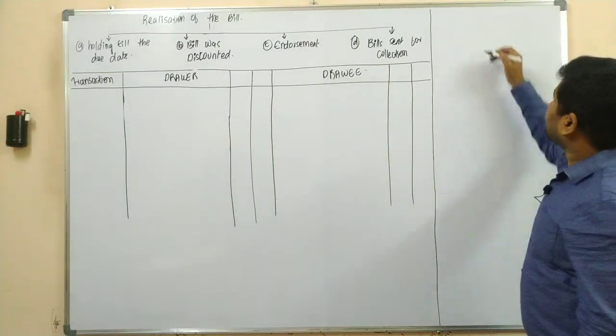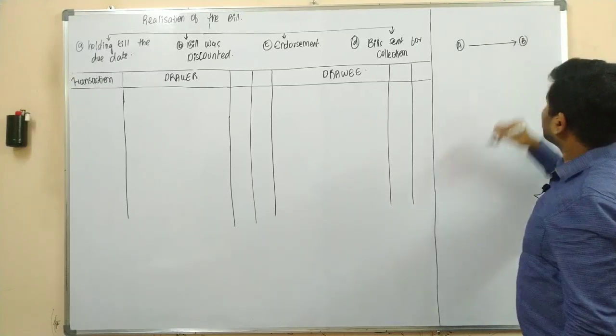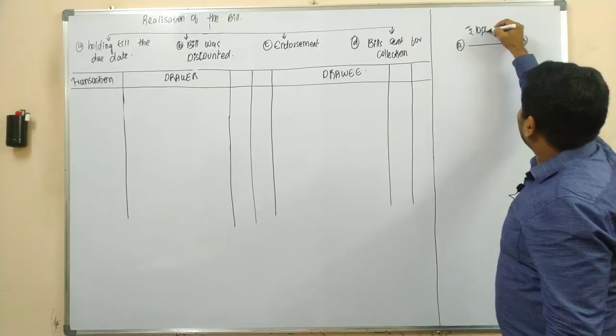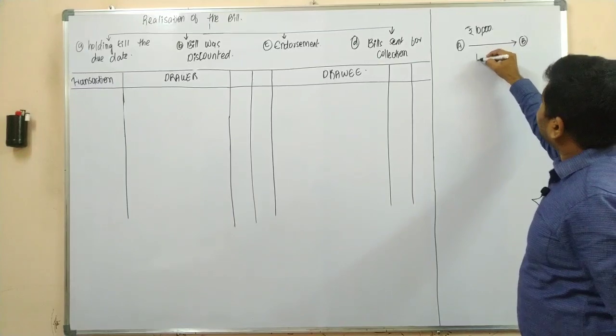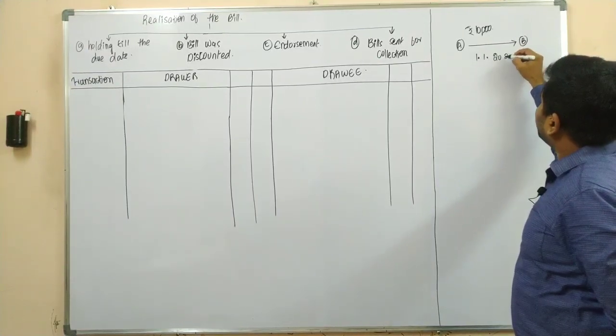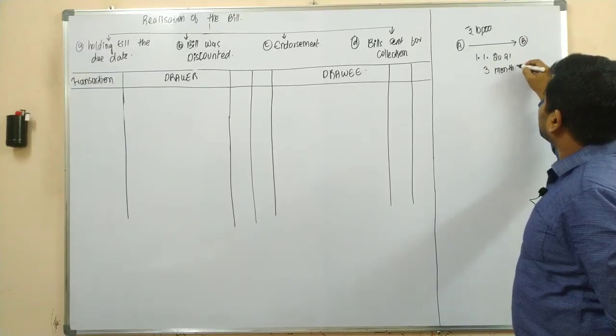So now let us take an example. Let's say we have Mr. A who sold goods to Mr. B. Let's take 10,000 as our sales value. So let's say Mr. A sold goods on 1/1/2021 and he gave a credit period of 3 months.